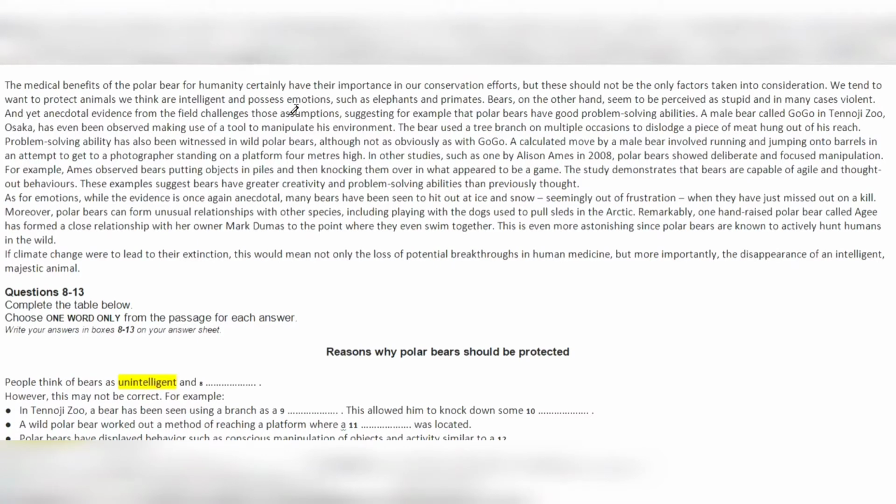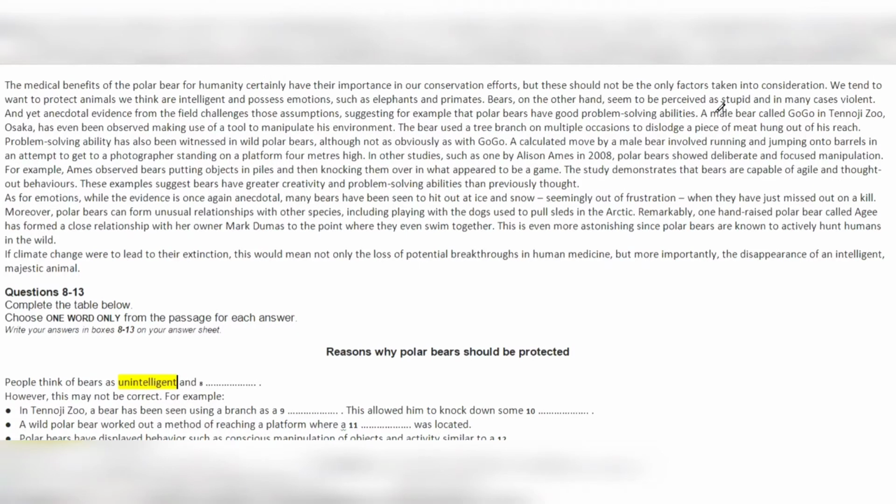Sometimes we make mistakes and write the wrong answer. Here they are talking about elephants and primates, because they say that elephants and primates are intelligent and possess emotions, but the question is talking about bears.